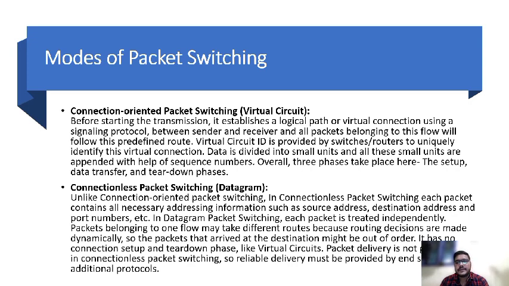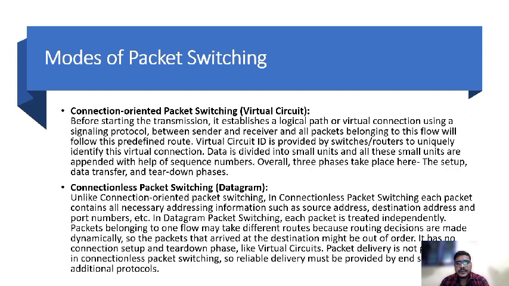Overall, three phases take place here. The first one is the setup phase, the second one is the data transfer phase, and the third one is the tear down phase. The second one is datagram switching. In datagram switching, each packet contains all necessary addressing information such as source address, destination address, and port number.